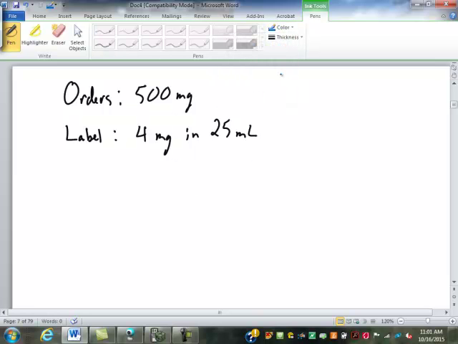So again, we always start with the doctor's orders, 500 milligrams. Now once again, that's not a rate or a ratio, so we're going to put it over 1.